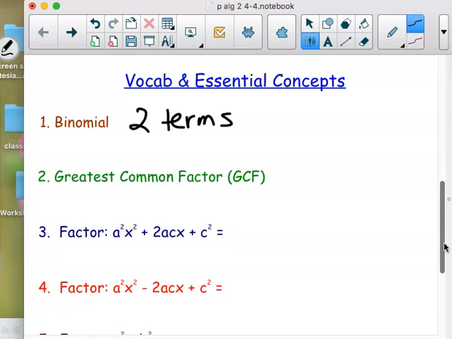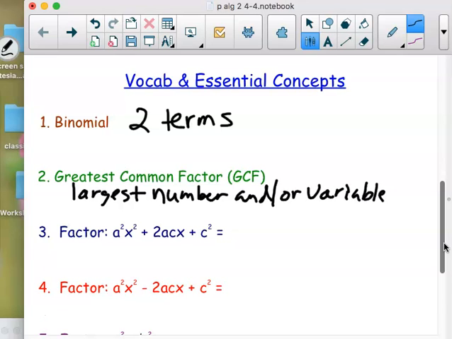Now that's going to be the first thing we look for whenever we are going to be factoring. Is there something we could take out of all of the terms that we see that would make this easier to do? So a greatest common factor is the largest number and or variable that divides evenly out of every term.